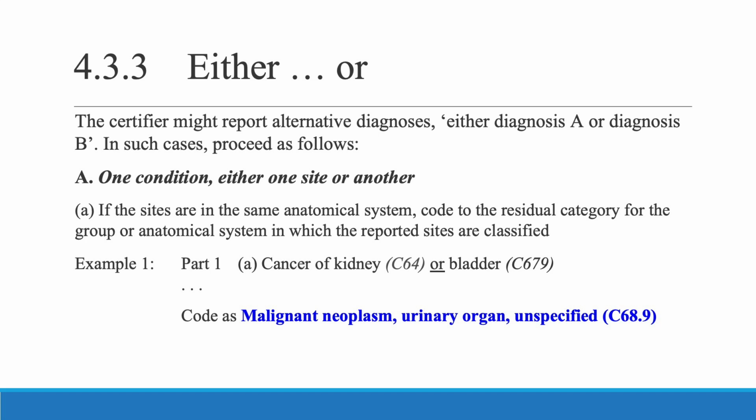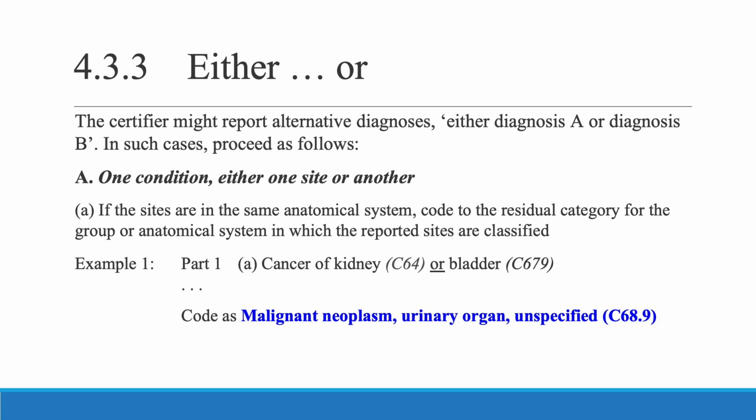The remaining instructions we'll cover in today's presentation all center around the use of the expression either or. Reading from the slide, the certifier might report alternative diagnoses as either diagnosis A or diagnosis B. In such cases, proceed as follows. And on this slide and each subsequent slide will be a scenario of a particular type with a coding instruction on how to handle that scenario.